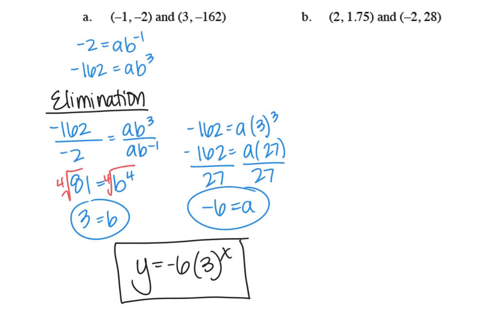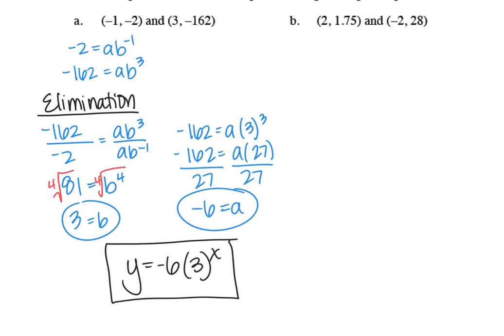Now, some of you may have tried to plug your b value into the equation at the top, -2 equals a b to the -1. You can still do this problem using the top equation. It just makes it a little more complicated because you end up with 3 to the -1, which is 1/3, and then to solve, you have to multiply both sides by 3. But hopefully, even if you did that, you were able to solve.